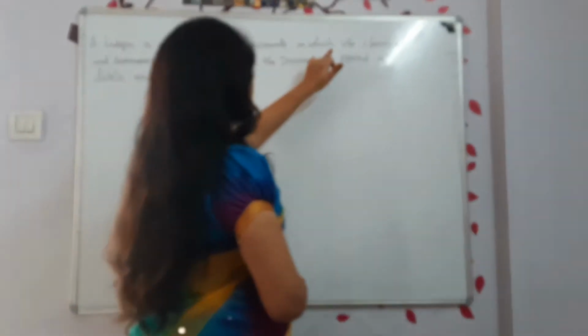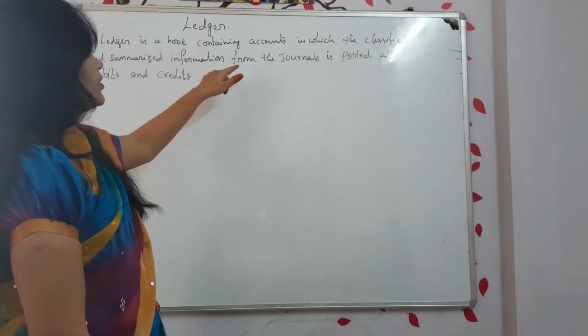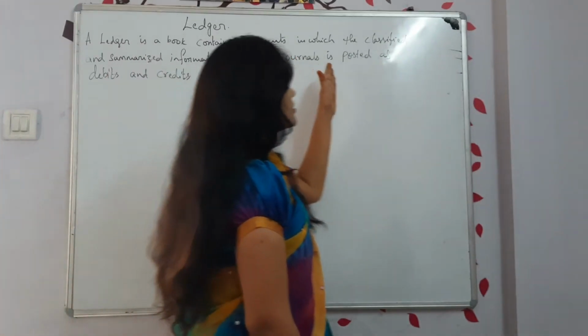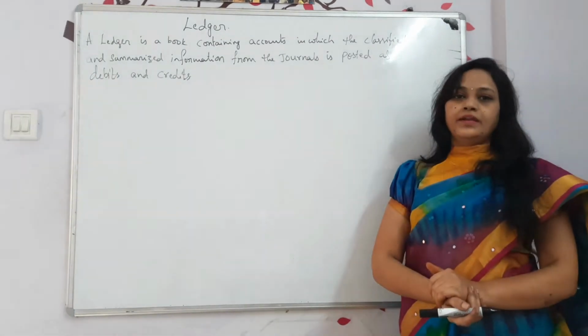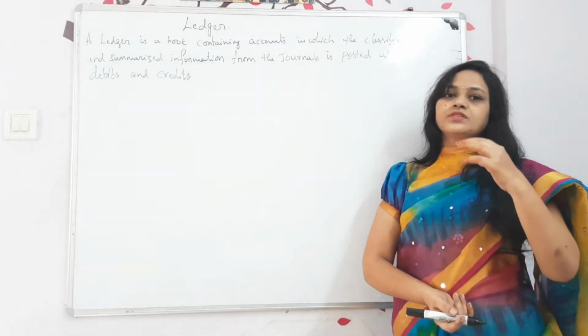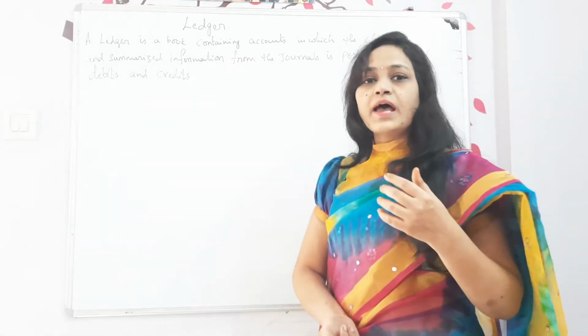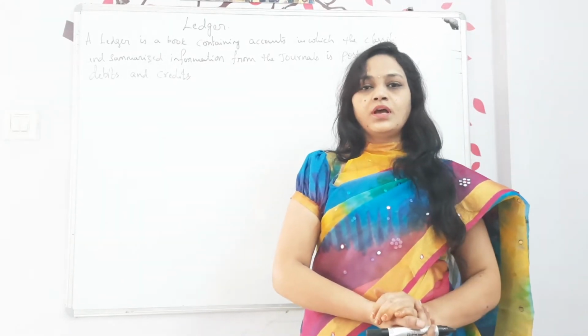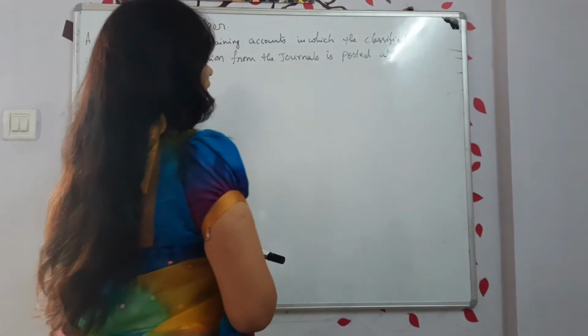It contains the accounts in which classified and summarized information from the journals is posted as debits and credits. We are taking some of the debits and credits from the journal and posting them in one book, which is called the ledger. This is also called the second entry.